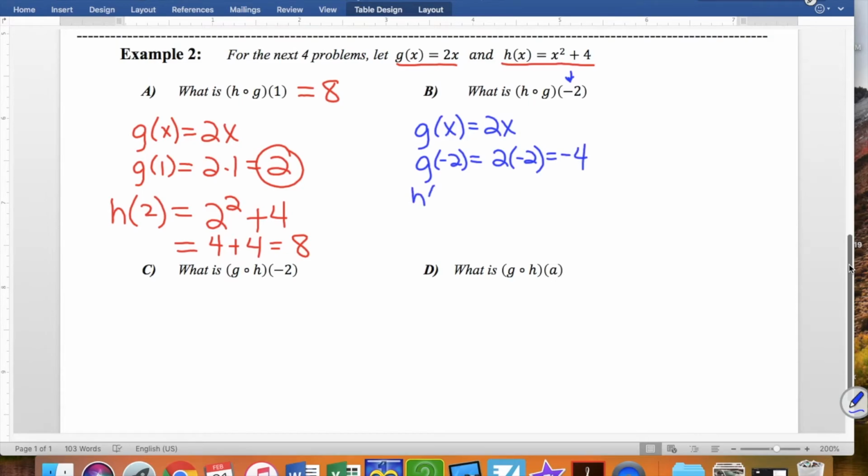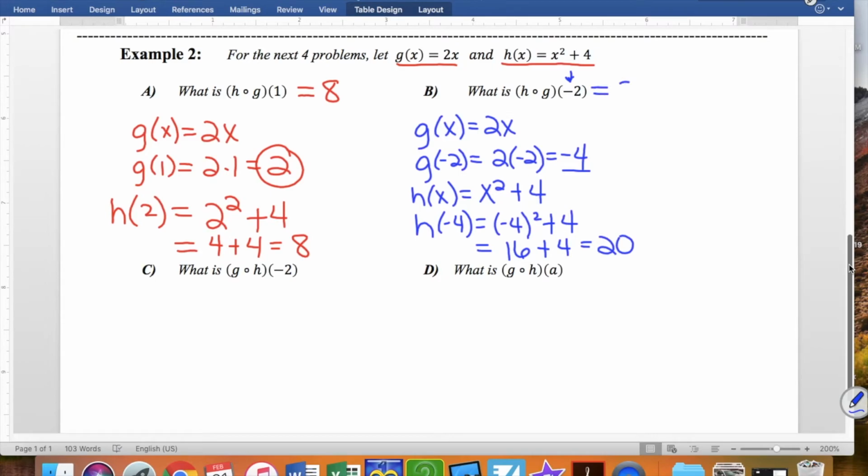Then I'm going to do my h of x function, which is x squared plus 4, and I'm going to use this input, okay, -4 squared is 16 plus 4 equals 20. So the composition of function h with function g equals 20 when my input is -2.